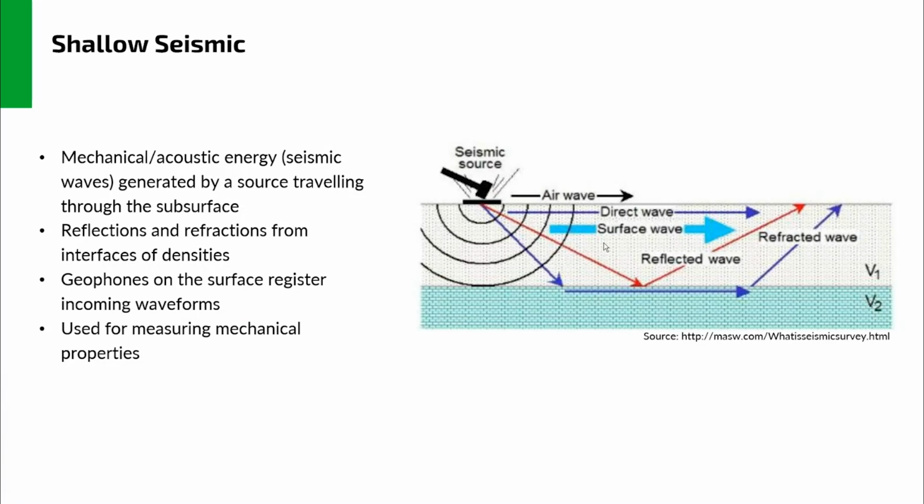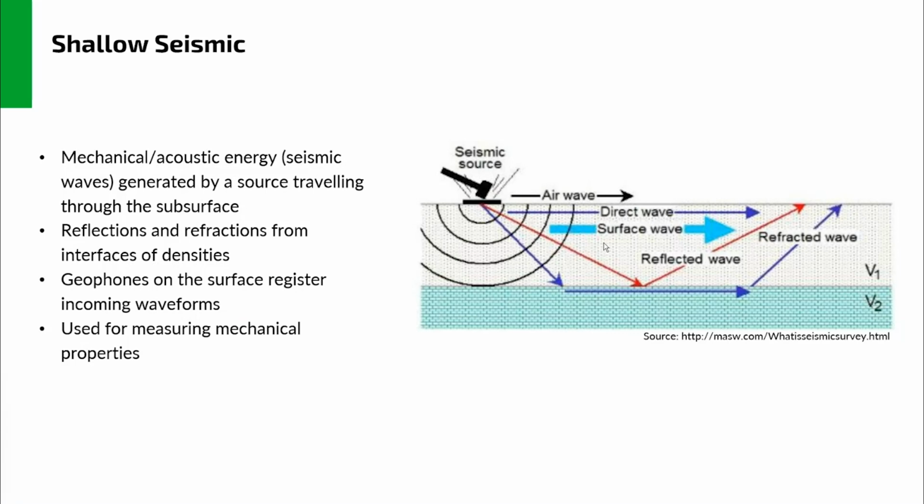I want to emphasize shallow seismic because deep seismic is typically used in the oil and gas industry, and although the theory is very similar, those are usually 3D large-scale surveys, with a lot more logistics involved in their field operation. So seismic uses acoustic or mechanical energy, usually generated, in our case, by either a hammer or a small-scale, some sort of vibrating mechanism.